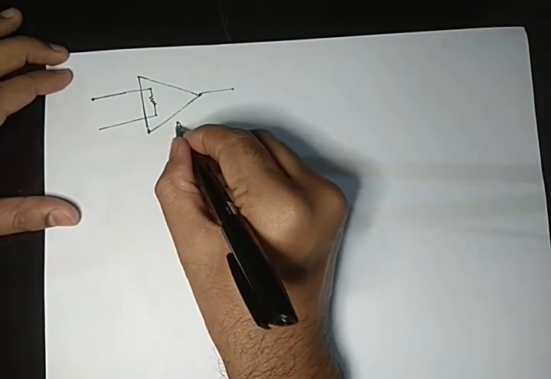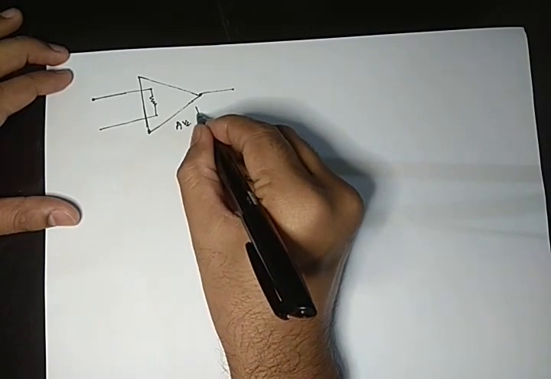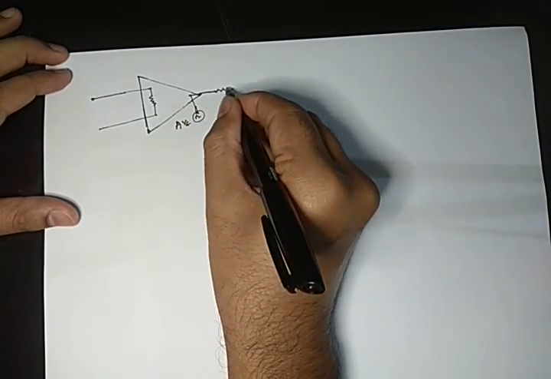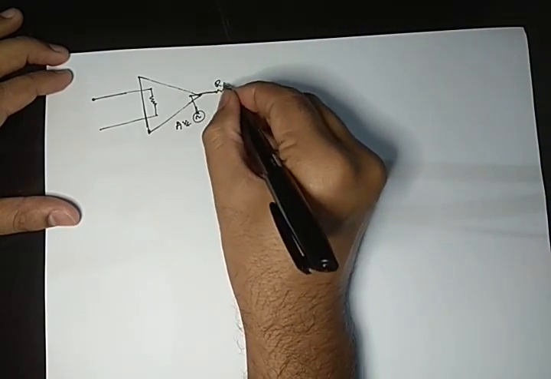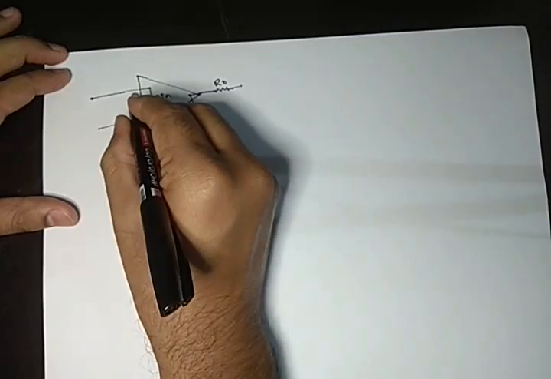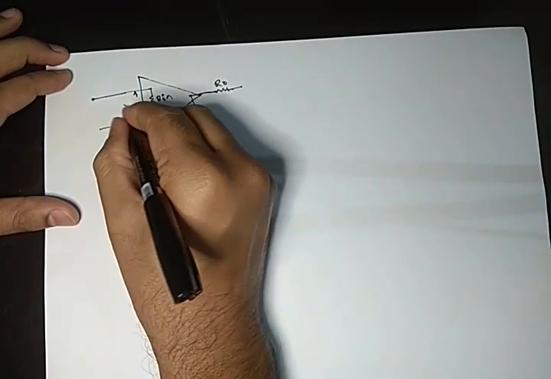This is A B epsilon. This is R0. This is Rn. The voltage across this is V epsilon.